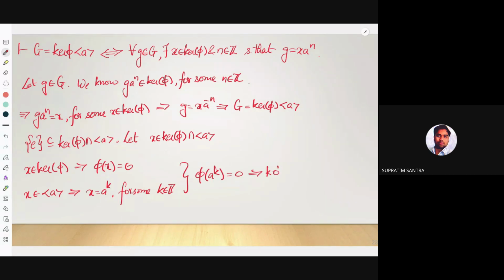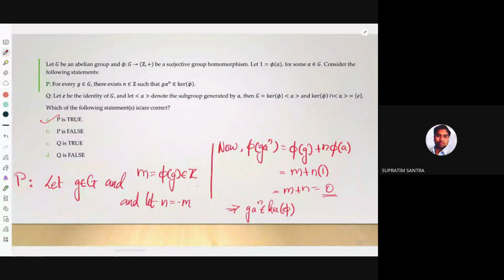This implies K times phi of A, property of homomorphism, is 0. And phi of A is 1. This implies K is 0. This implies X is basically identity, which is A power 0. So this actually shows that kernel of phi intersection A is in fact just identity. So in fact Q is true.